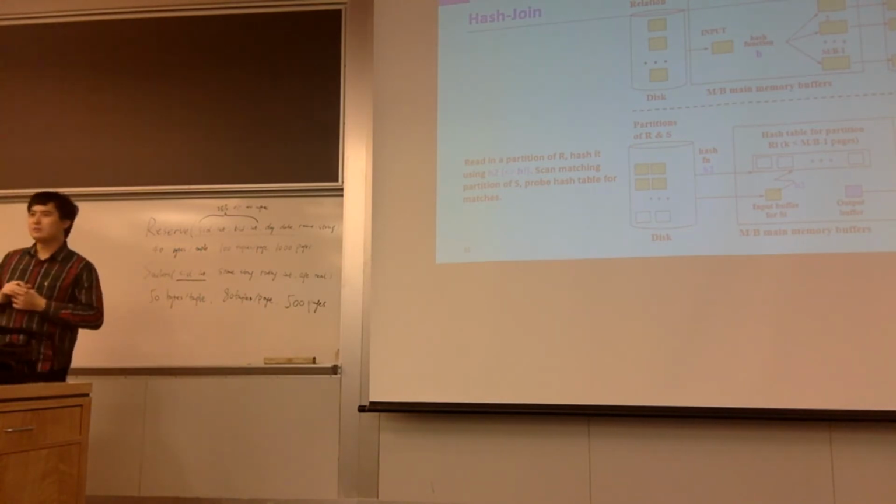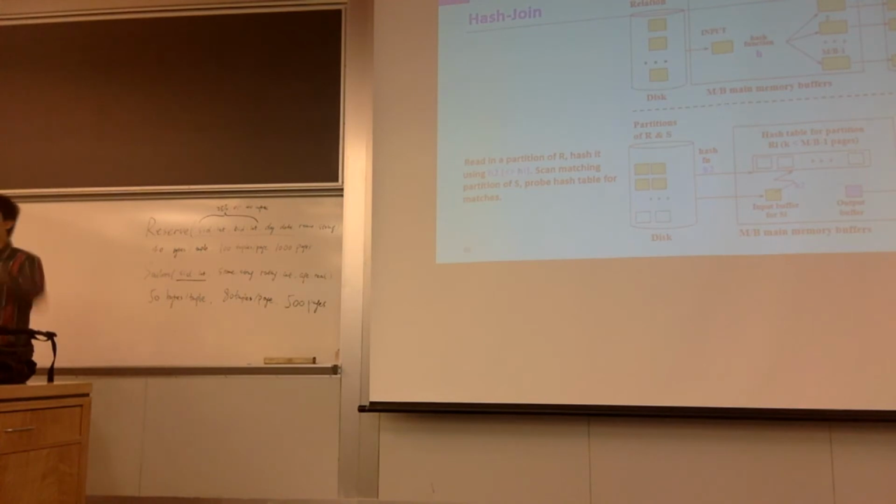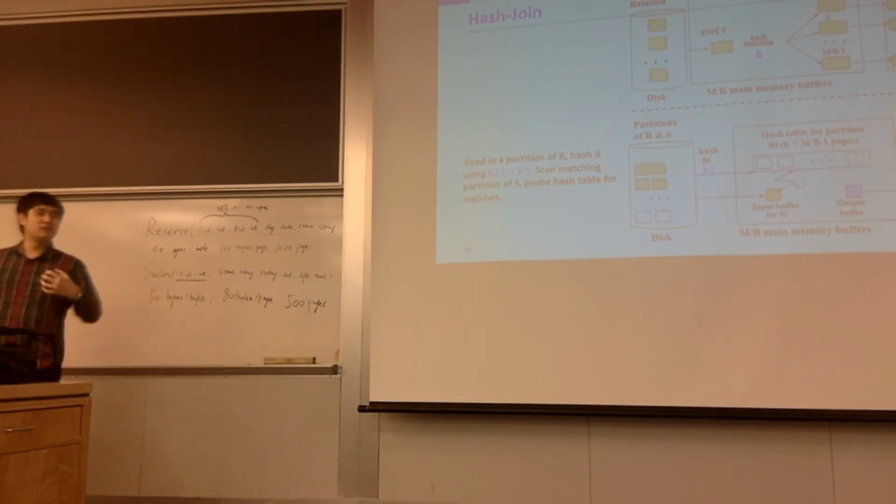You first partition your whole table into some smaller partitions. Then you bring in one partition at a time to build a hash table on that. Then you bring in the corresponding partition that has the same key under the same hash function h in the other table, and use that to probe the in-memory hash table you just built.